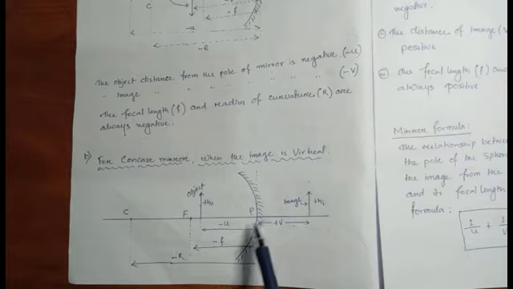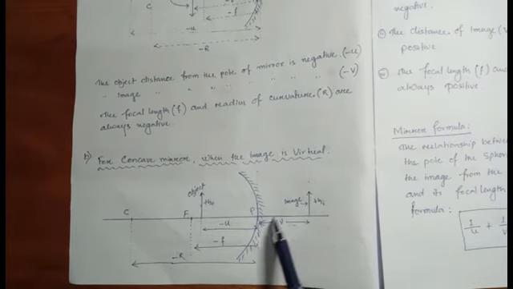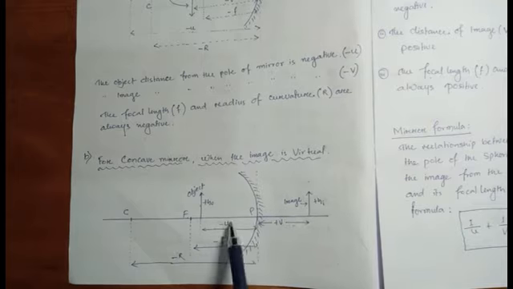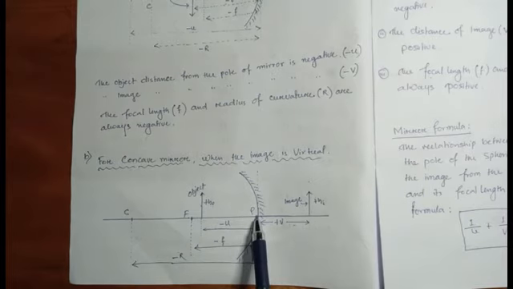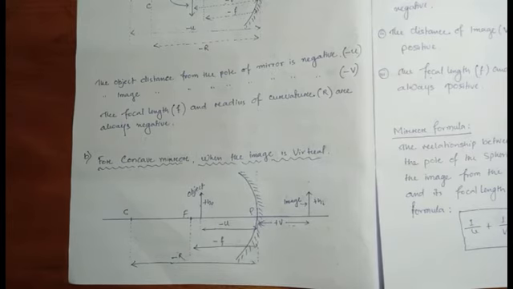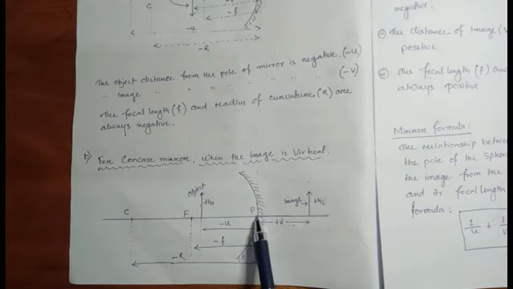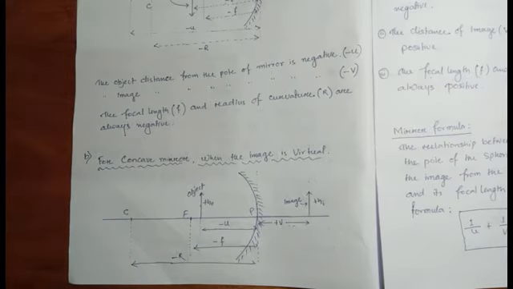As you know, while measuring from the pole in the positive x-axis direction, that will always be positive. If you are measuring in the left direction, it will be negative. So what is F, the principal focus? You are also measuring it from the pole in the left direction, so this is also minus f. And C, the center of curvature, so the distance from the pole to the center of curvature is minus R, negative because it is in the left, and R stands for radius of curvature.